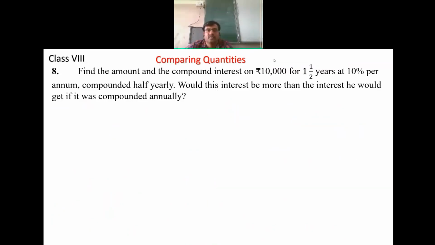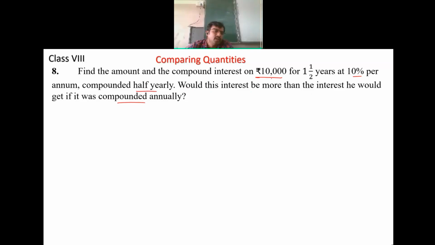This question we shall solve together. Find the amount and the compound interest on 10,000 for 1.5 years at 10% per annum compounded half yearly. Would this interest be more than the interest you would be paying if it is compounded annually?